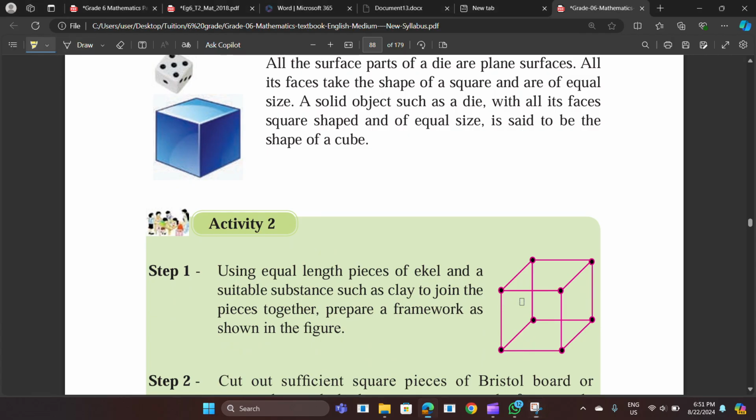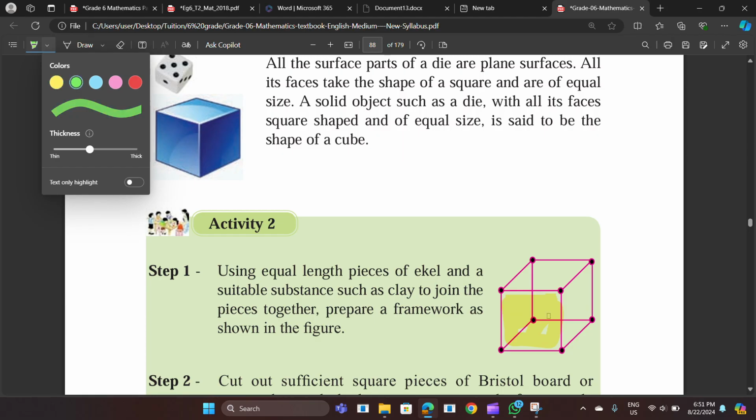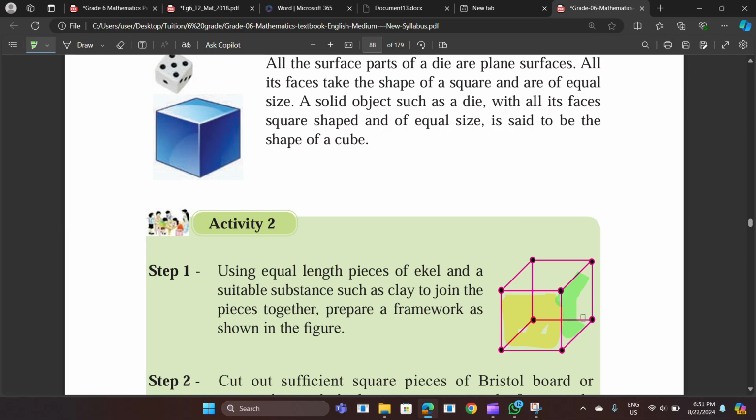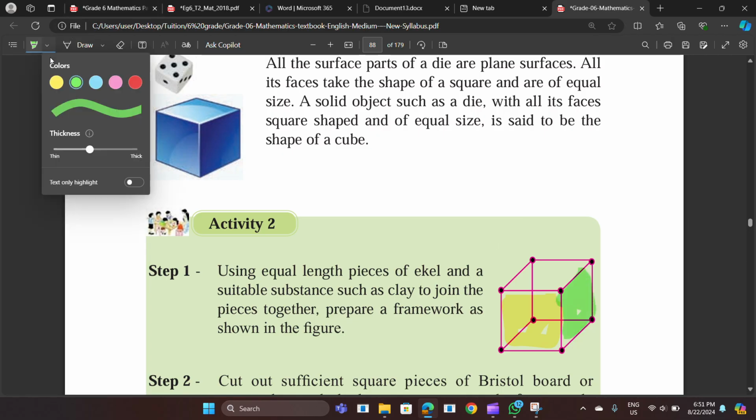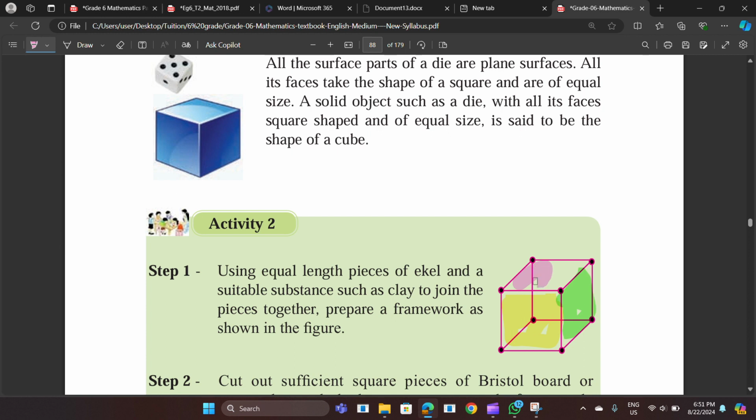We'll draw. This is a face. Okay, this is one face, and this is another face. This is another face, and that is another face, and also behind these 3 faces there are also some opposite faces for each of the 3 faces.